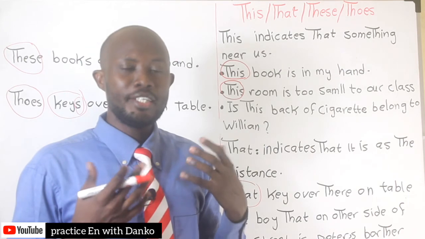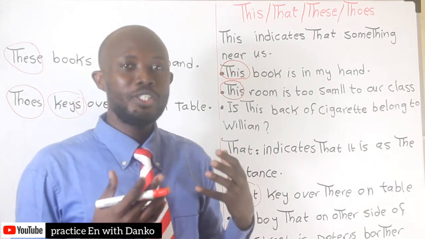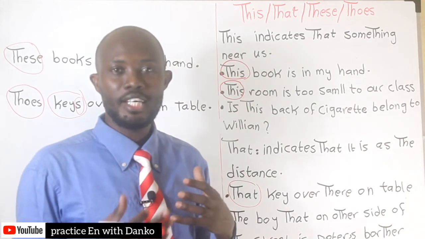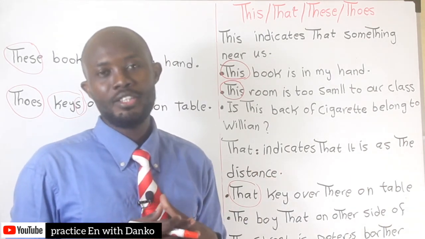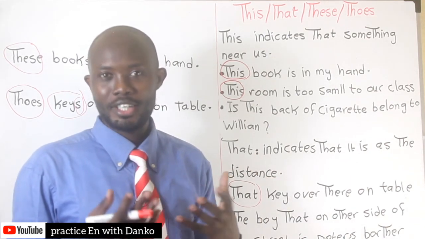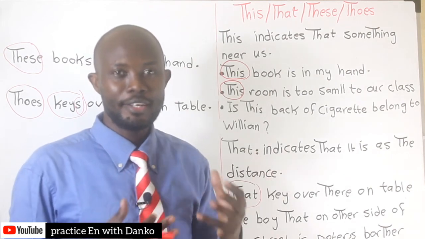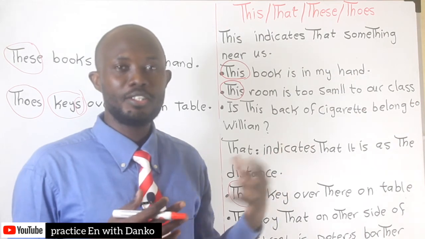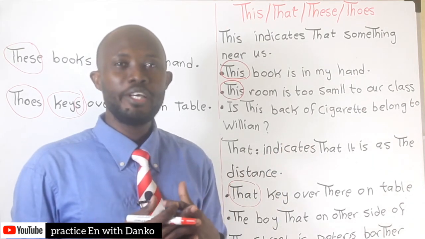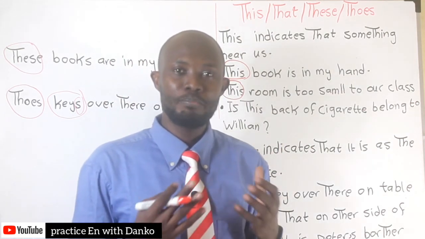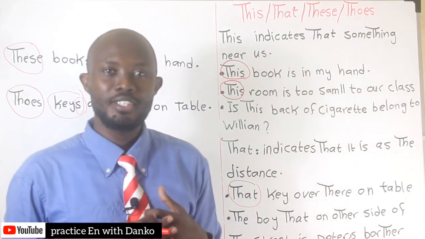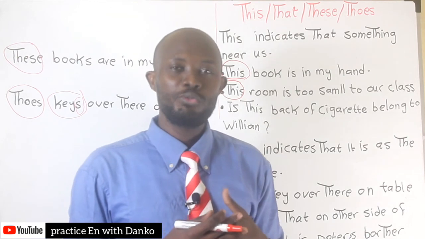They did not know in which positions they use this, these, that, those. So in this lesson, I decided to explain a little bit about how to make this difference in these words, and I hope it is useful for you. So please be careful when you want to use this kind of word.